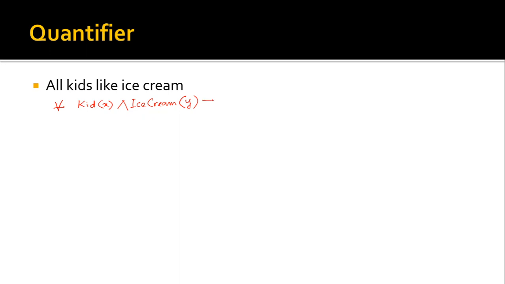If this is so, then we can say likes X, Y, right? These are variables. This X can be any kid around the world. This Y can be any ice cream around the world. So we are doing it for any X and any Y. So this will read like, for all X, Y, kid X and ice cream Y implies X likes Y, right?